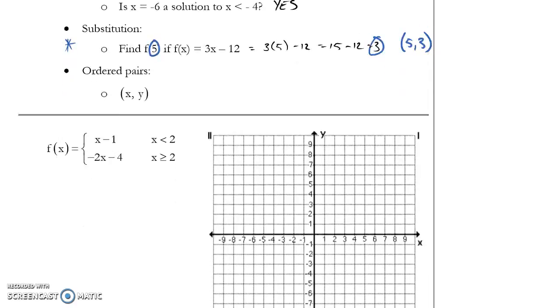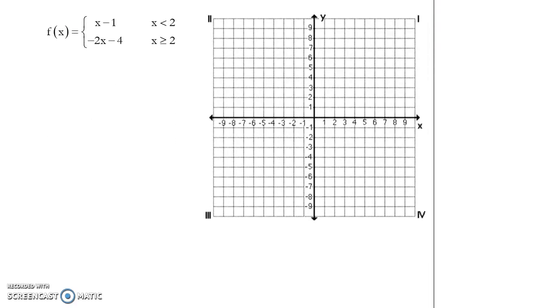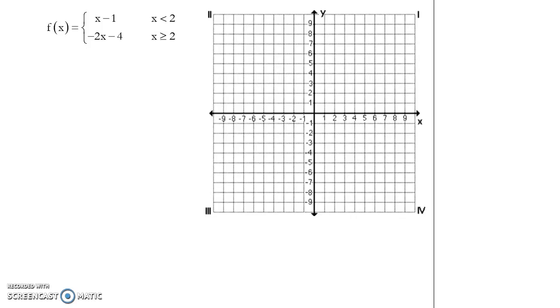Alright, so let's take a look at our first piecewise function. This is a 2-piece piecewise function. In this 2-piece piecewise function, we have y equals x minus 1, x is less than 2. y is equal to negative 2x minus 4, when x is greater than or equal to 2.